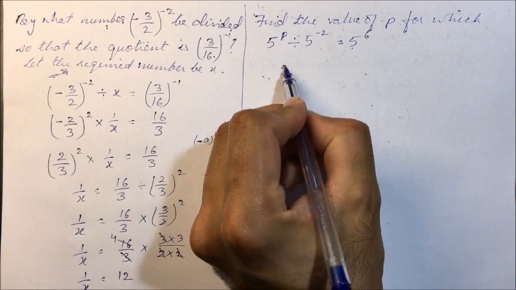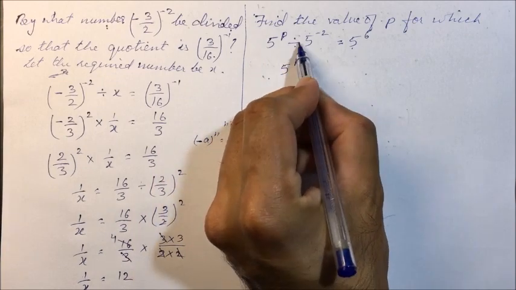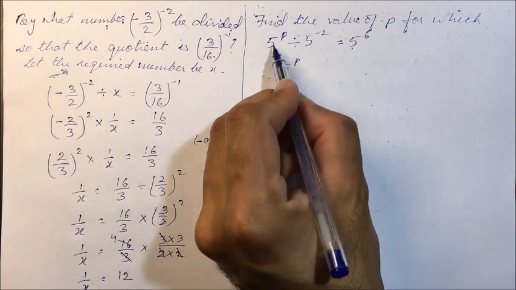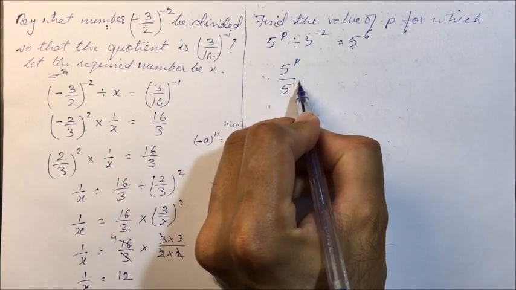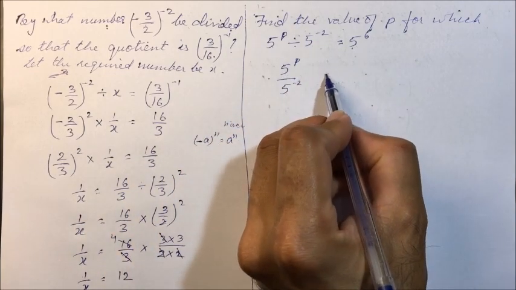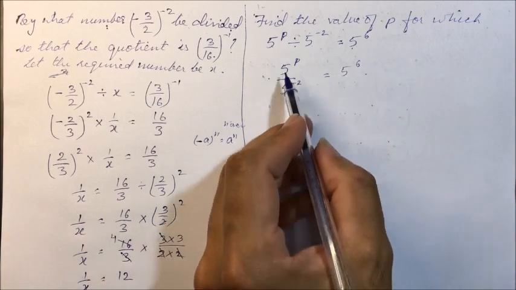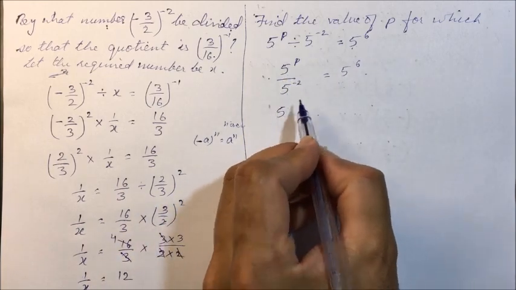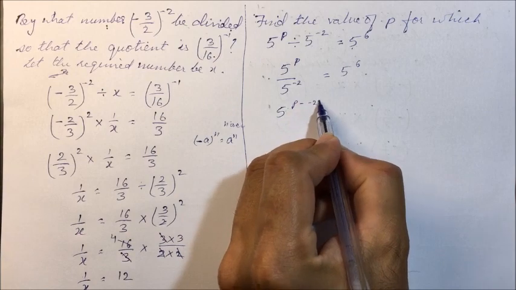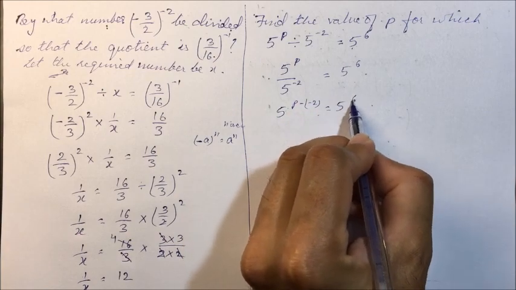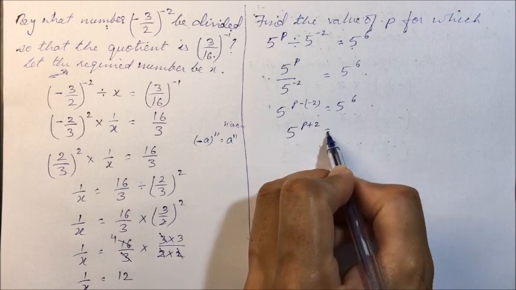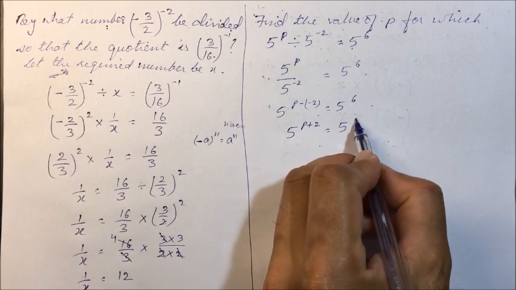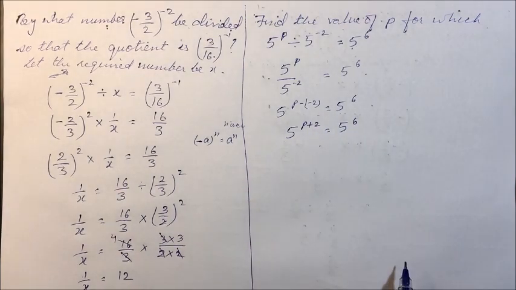So 5^p. Here the bases are the same, 5, 5, 5. 5^p divided by 5^(-2) equals 5^6. It will be 5^(p minus of minus 2) equals 5^6, so 5^(p+2) equals 5^6.